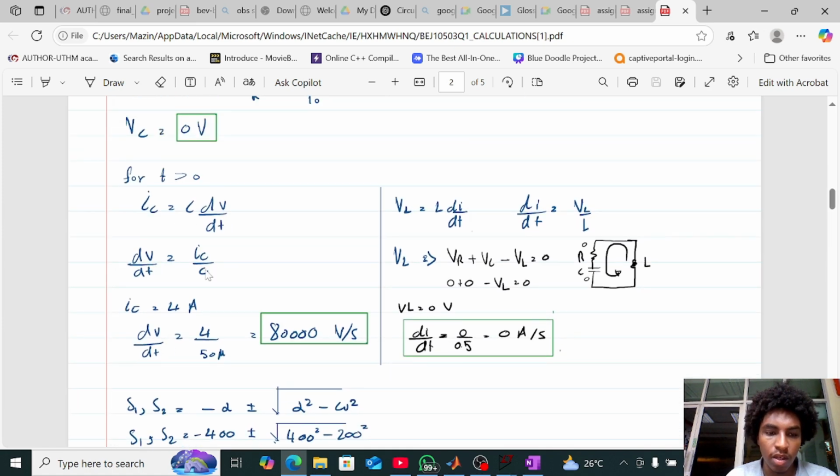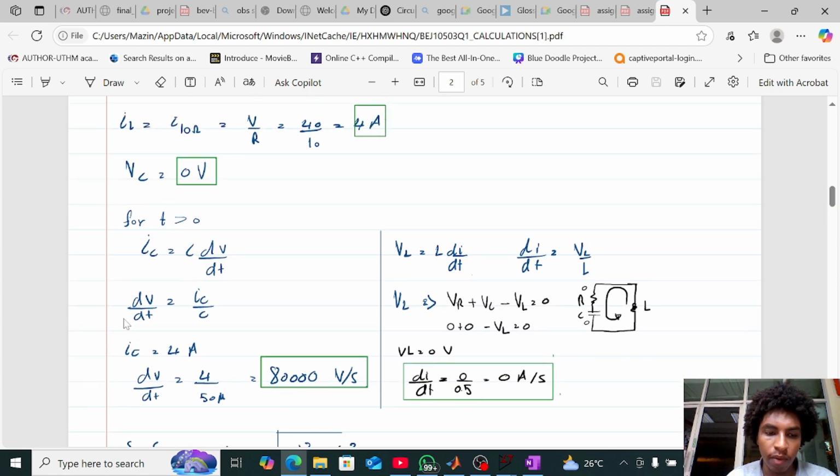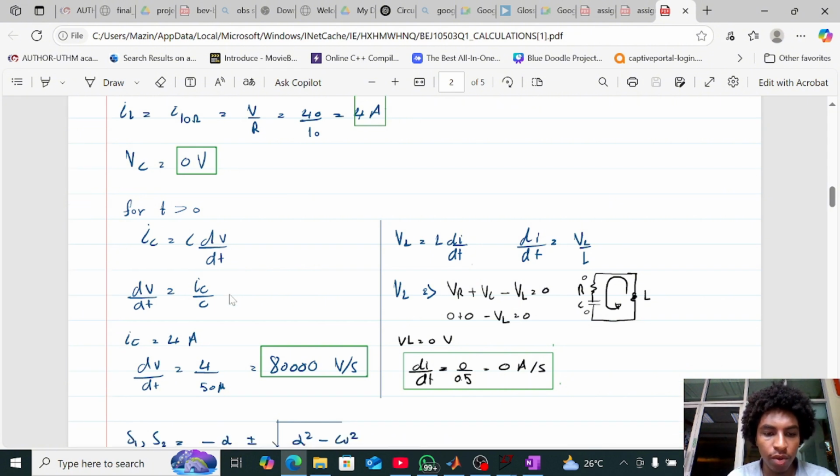So we just calculated the current for the capacitor after t equals 0 or more than 0, so it's going to be 4 amps.